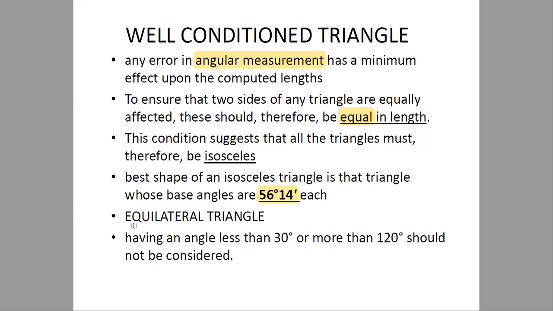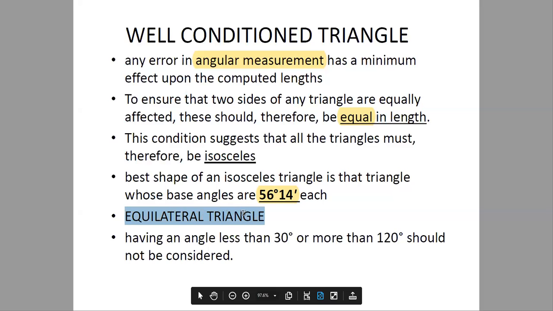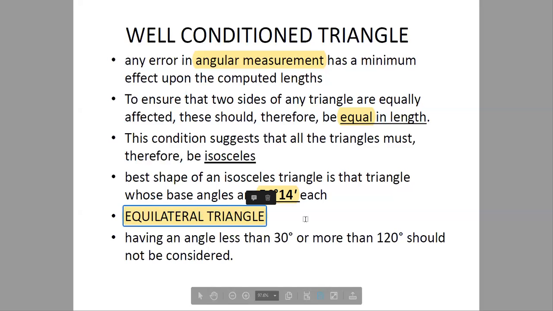Also equilateral triangles. In case of equilateral triangles, angles less than 30 degree or more than 120 degree are not considered to be a well conditioned triangle. Okay, an equilateral triangle is always a well conditioned triangle because in this case each angle and each side has equal measurements.